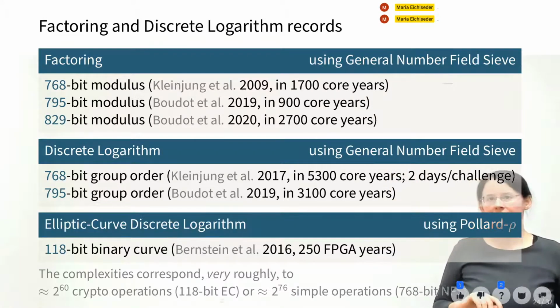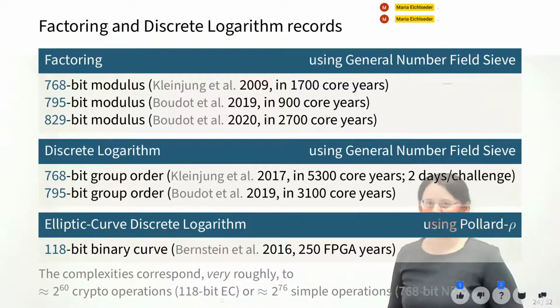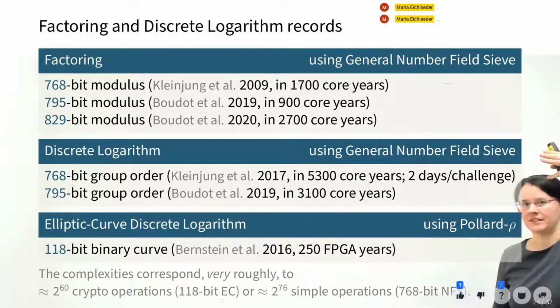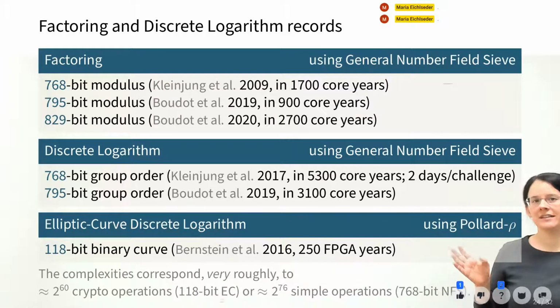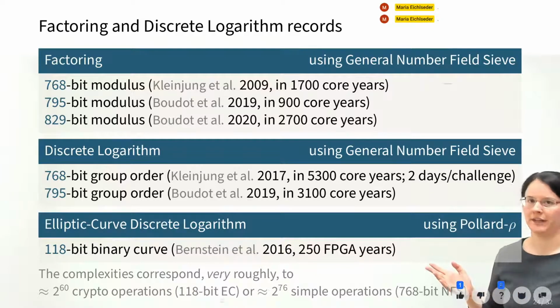I also want to mention a much smaller record, but at least as important, namely on the elliptic curve equivalent of this problem. So the elliptic curve discrete log method, where we saw the sieving stuff doesn't work, we need some generic method. So the Pollard rho algorithm, which we saw today.